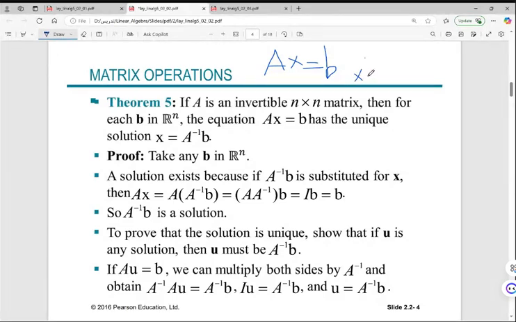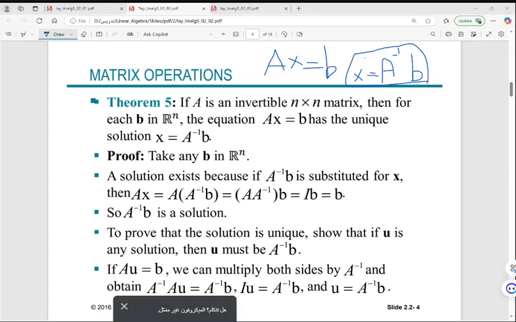X equals A minus 1 B. Sorry, doctor. That means we multiply the matrix B by the inverse matrix.